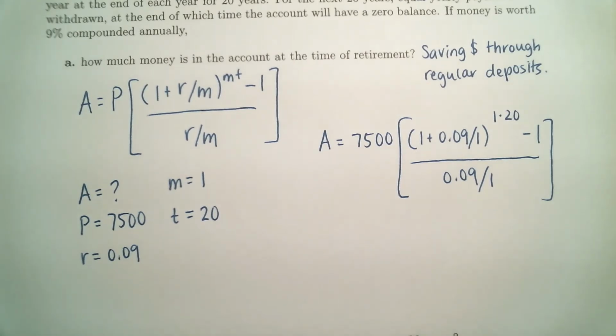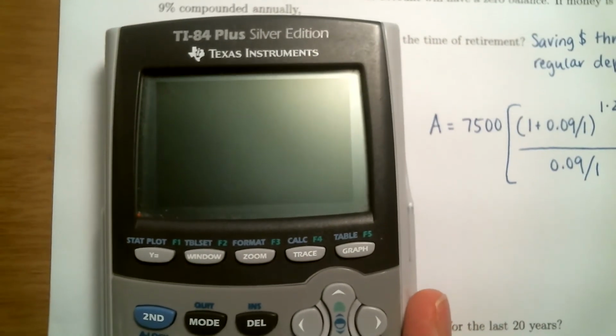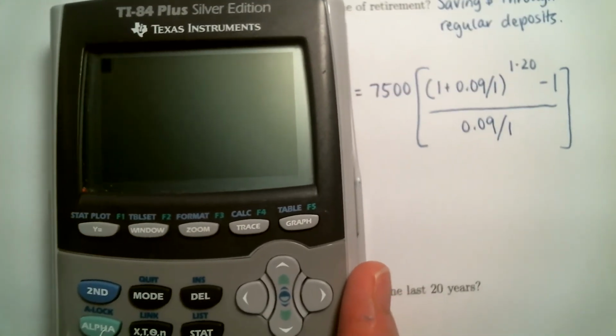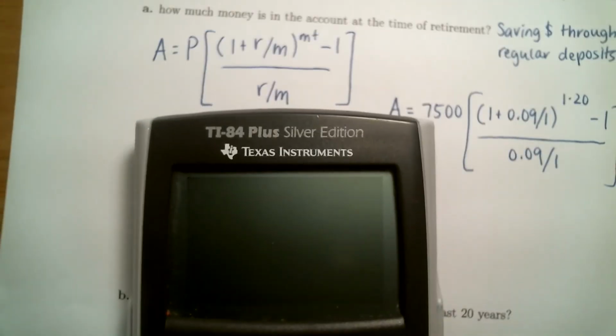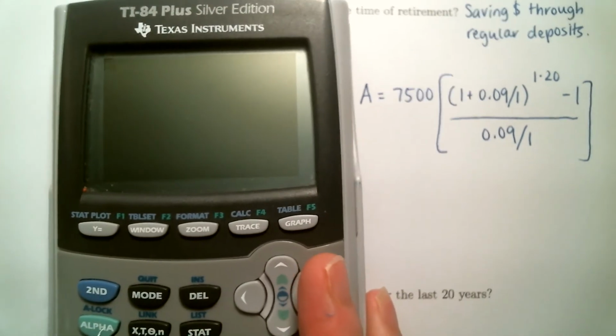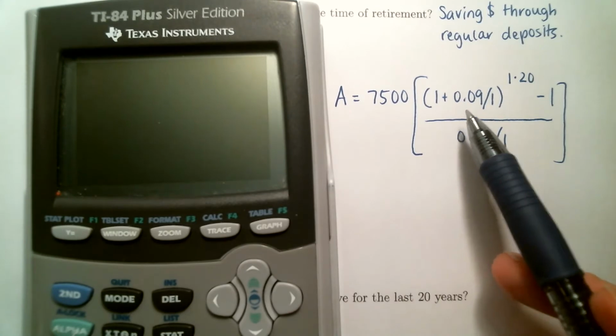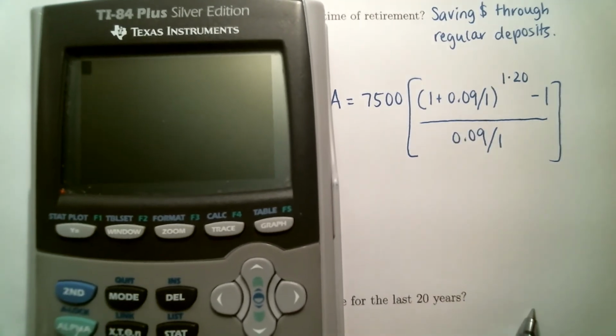Let's go ahead and plug this in. This is going to give us the person's balance at the time of retirement. It's been a little while since we worked with this formula, so remember how you want to plug into the calculator. You start inside the brackets, because it's complicated, with the most complicated part, the numerator. So we have 1 plus 0.09 divided by 1, raised to the 1 times 20, minus 1.